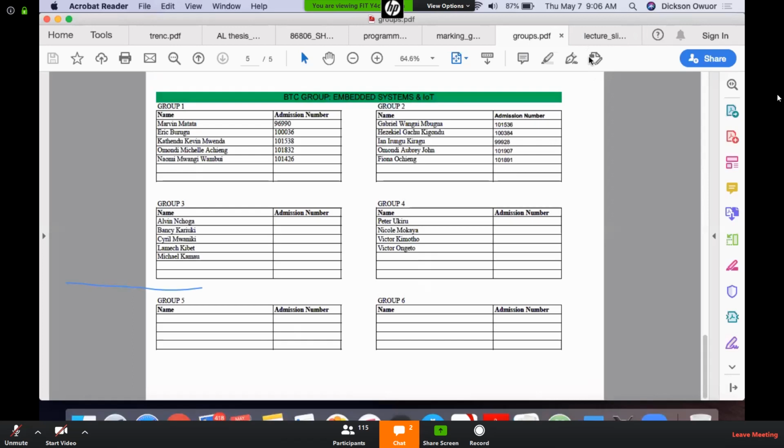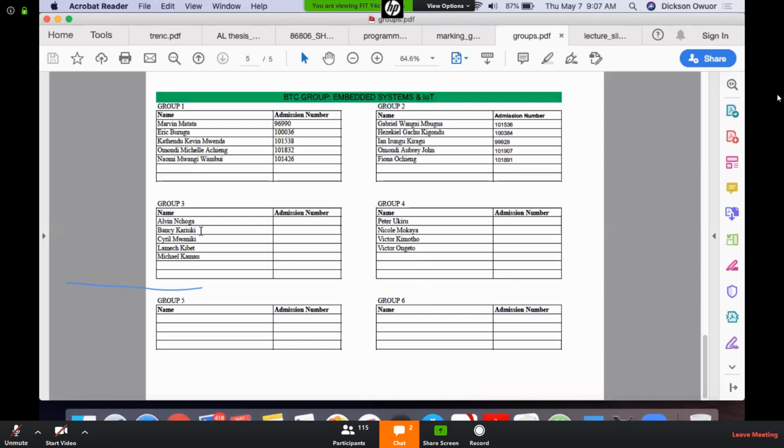Excuse me, sir. Before your last group presents, group 1 for BTC and group 2 for BTC are actually group 6 for ICS. Oh, for ICS. Okay, yes. So that means for BTC there are some people who don't have groups. Yeah. Anyway.